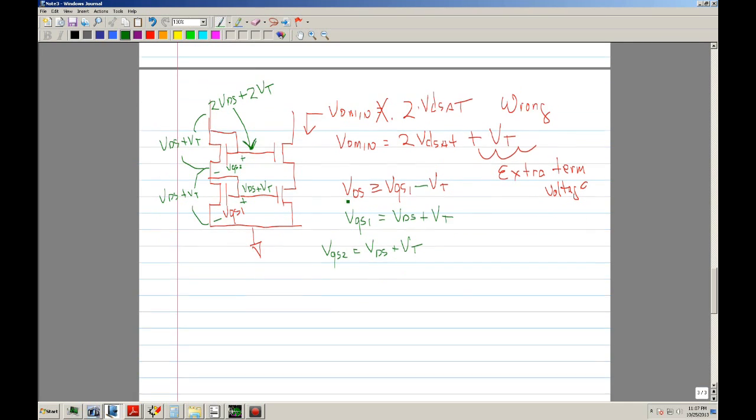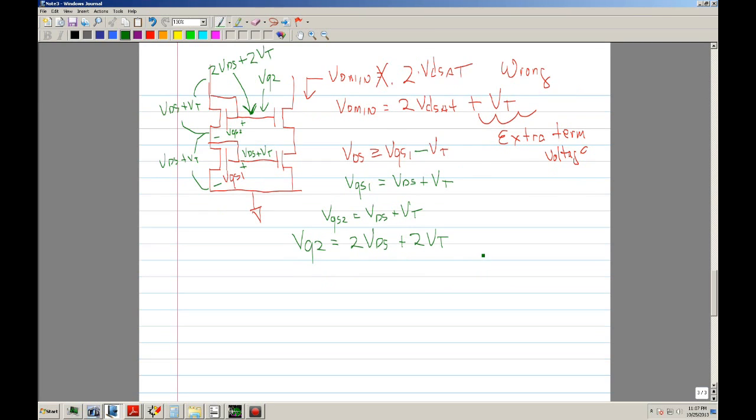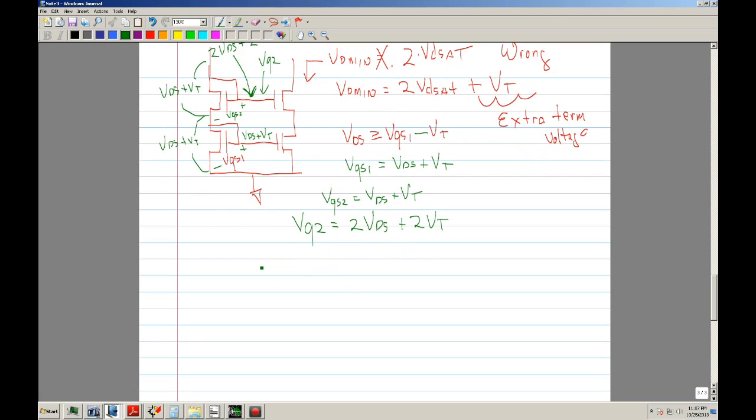Okay, so now we can label this. Say this is VG2. And we can say VG2 is equal to 2 VDS plus 2 VT. We're almost there. Now we want to know what is VD2.